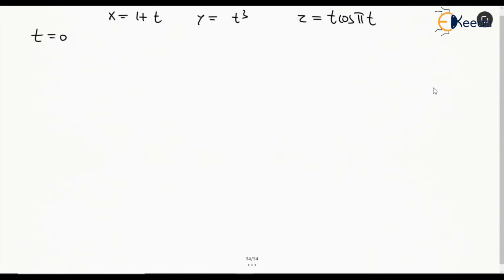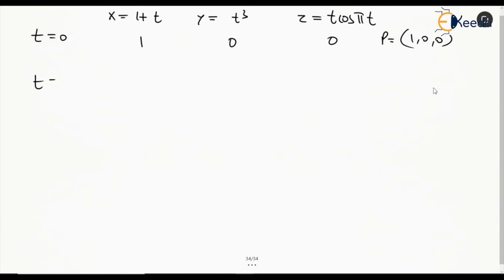In that case, if we put t equal to 0, this x becomes 1, this y becomes 0, and this cos pi 0 will be 1, but t equal to 0 will give you 0. So the components are, or I'll say, sorry, this will be P. P will be 1, 0, 0.